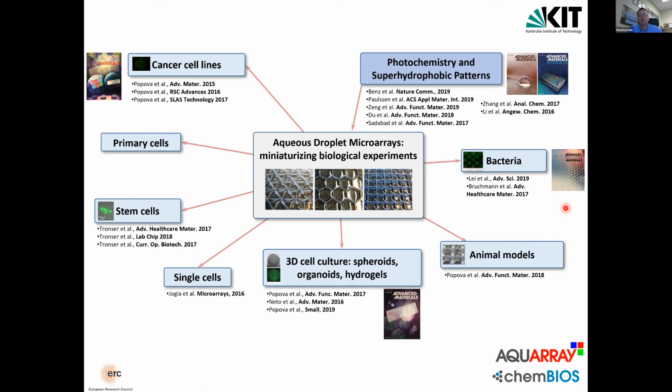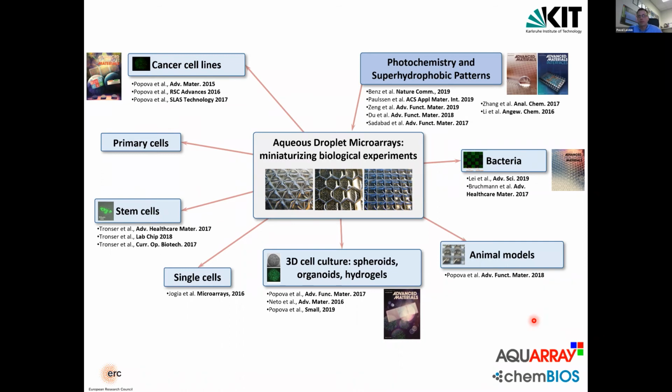And 2 years ago, we also started a spin-off company, Accuray, that is now trying to translate this technology further into a product for screening applications, but also for personalized medicine, where screening of cells with patient samples is important, and where you don't have enough cells for doing the screenings.